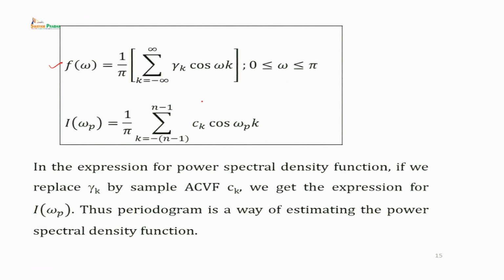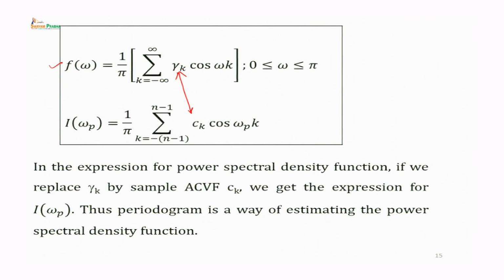Now, you compare these two expressions. Then basically what you have done, you have replaced this autocovariance function gamma k by its sample estimate C k.